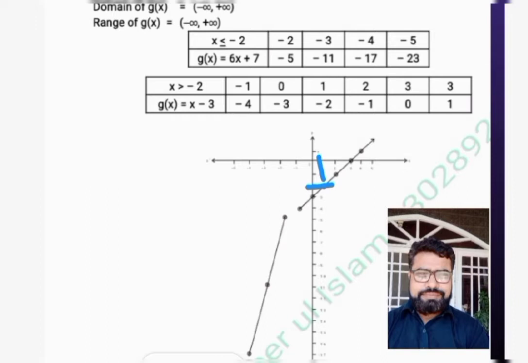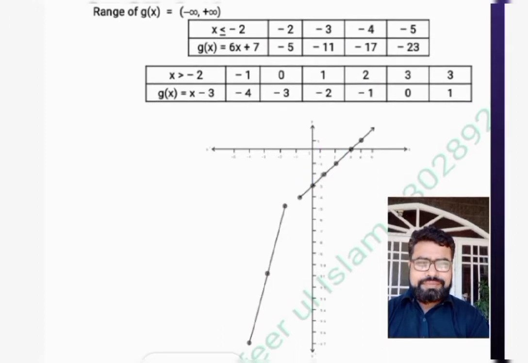And at 2, there is minus 1. Here is 2, and the value of y is minus 1, so we have plotted a point here. At 3, there is 0.